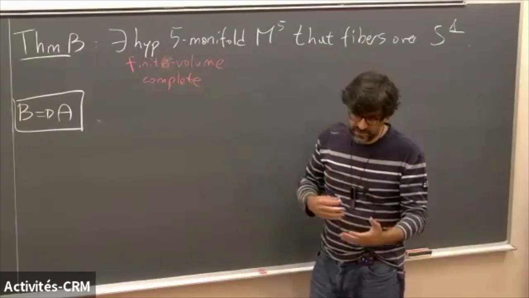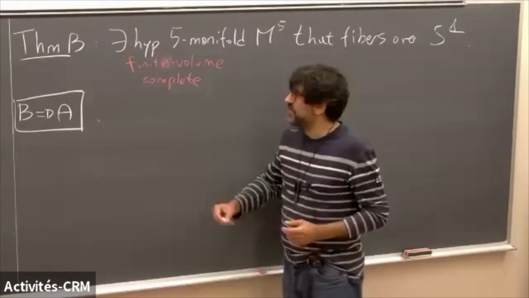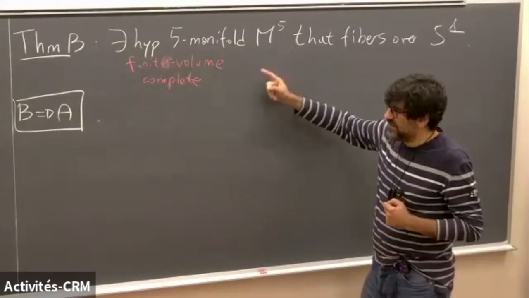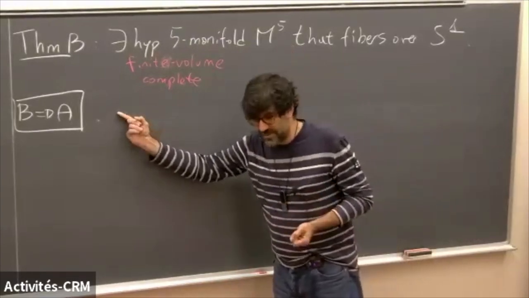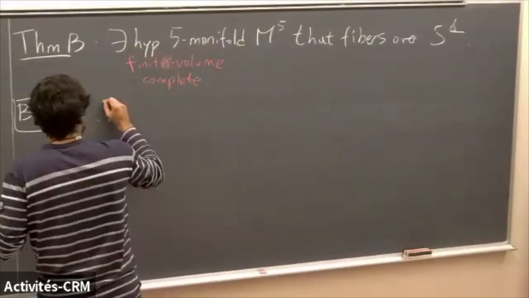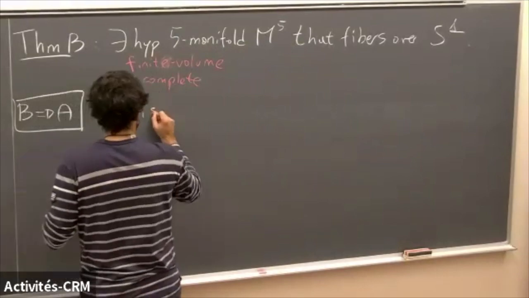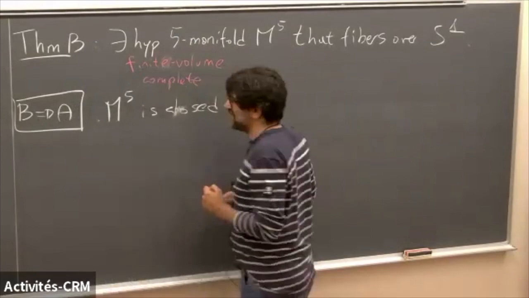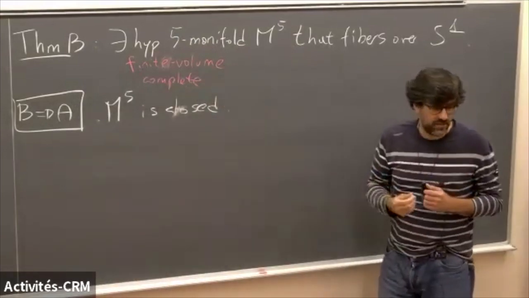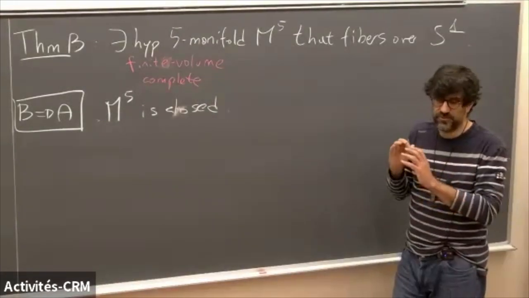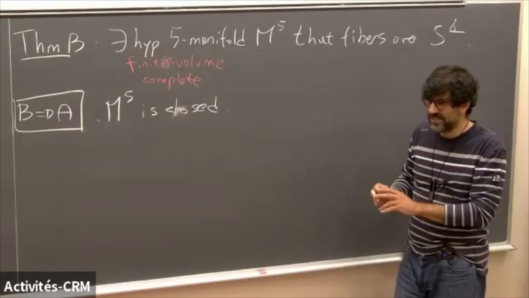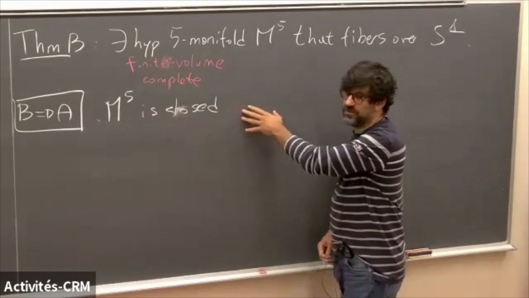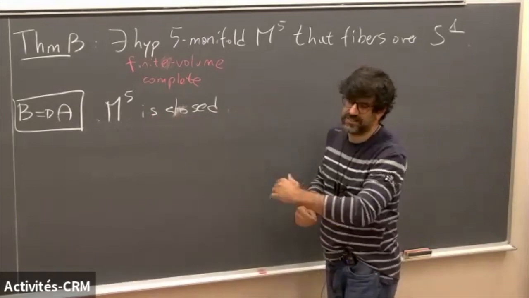So although the manifolds we construct are cusped, now in the proof I will suppose they're closed. It is really a very general phenomenon. When you have to prove a theorem, it's better to suppose the manifold is closed, and then there is always a way to extend your proof from the closed to the cusped case, but you have to think about it later.